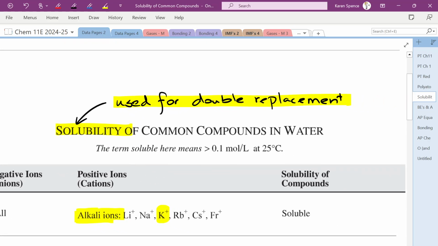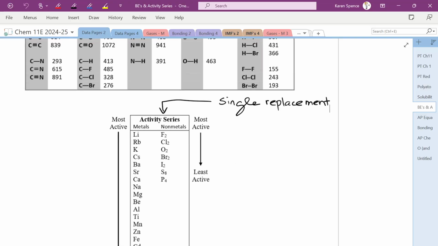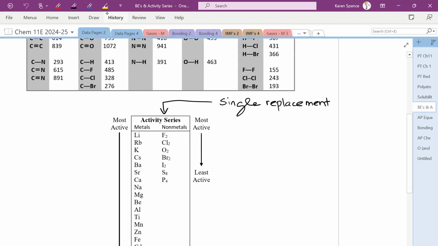Okay, so the solubility chart is for double replacement. And then on the back, you can write that the activity series is used for single replacement.